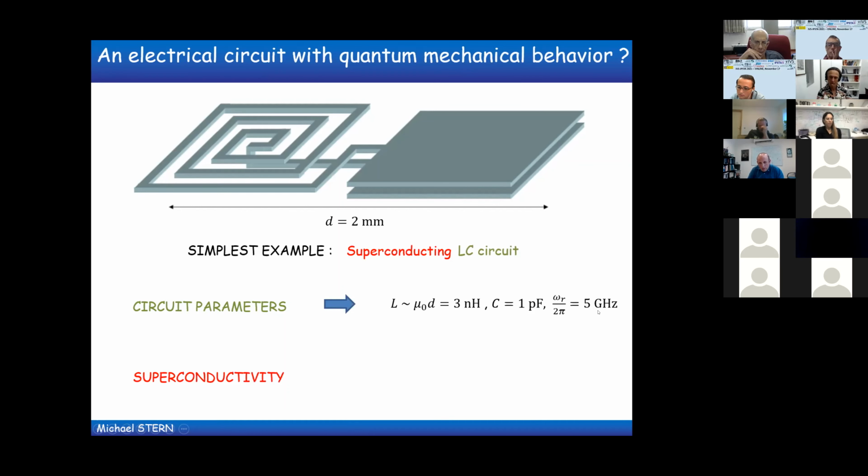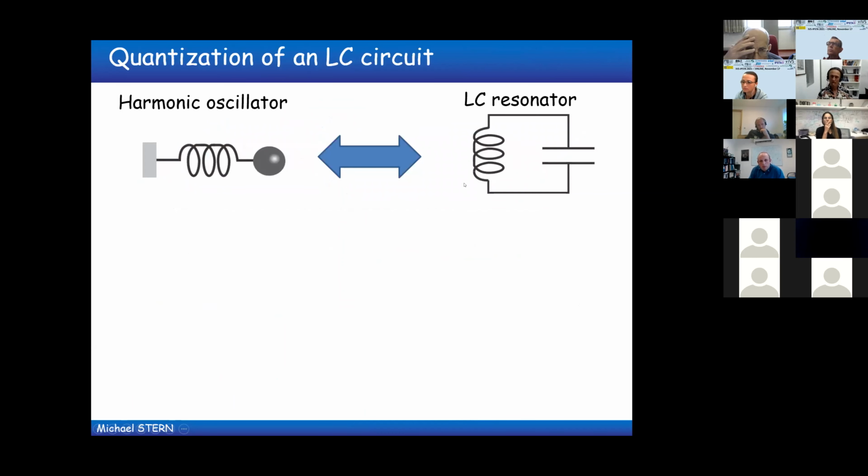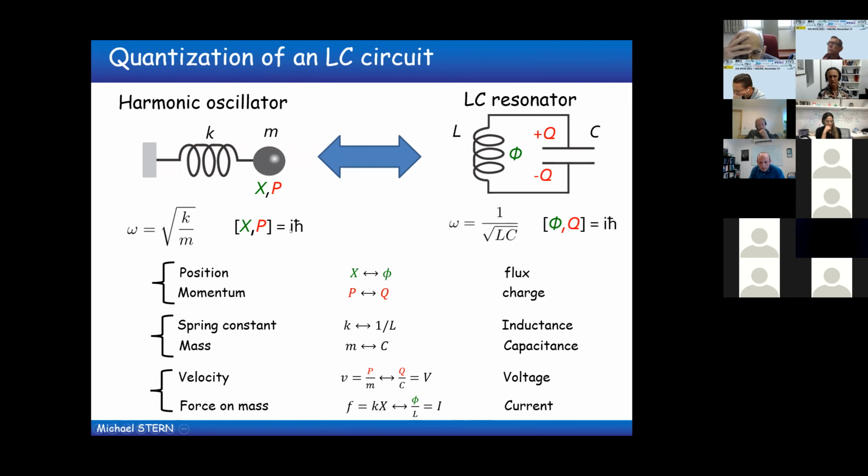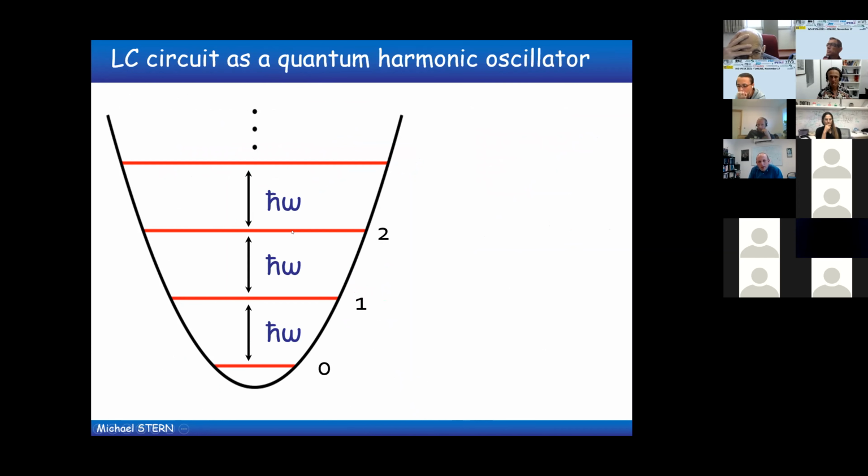If you add superconductivity, you have a way to get rid of internal degrees of freedom and loss of energy to internal degrees of freedom, especially electrons. In this way, the system is isolated from its environment and should behave quantum mechanically. There is a direct analogy between this LC oscillator and a harmonic oscillator, so you get energy levels.